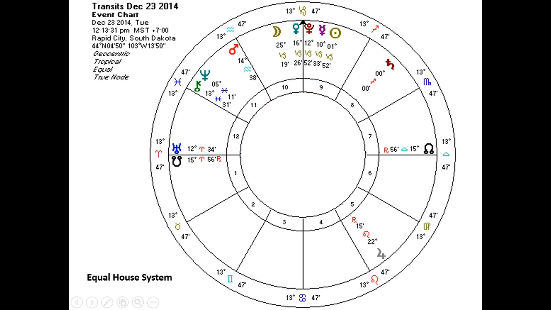So here is an example using that same birth data that I had earlier from today, a little after noon on the 23rd of December, 2014. Here's equal houses. We find that ascendant, and then we just put the same degree and minute of all 12 signs around.